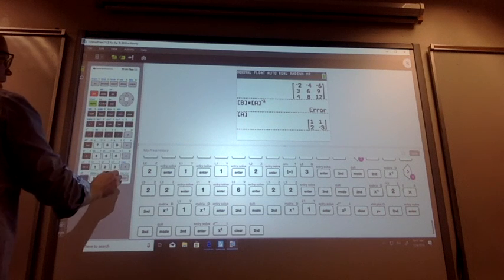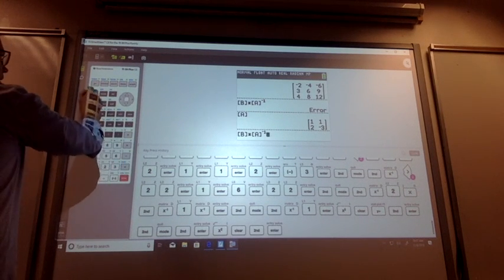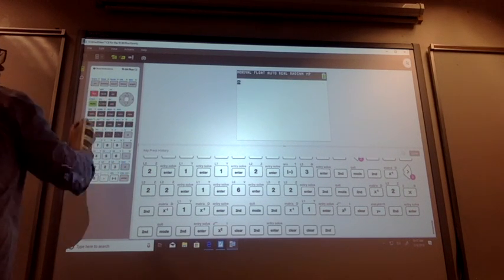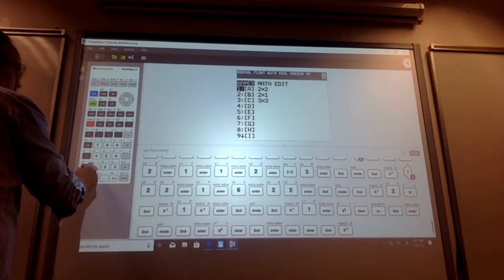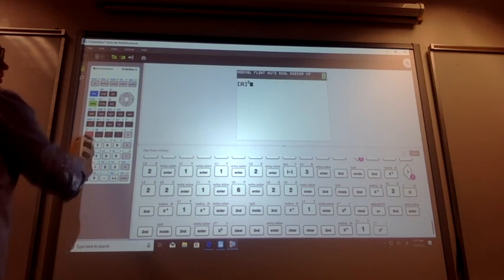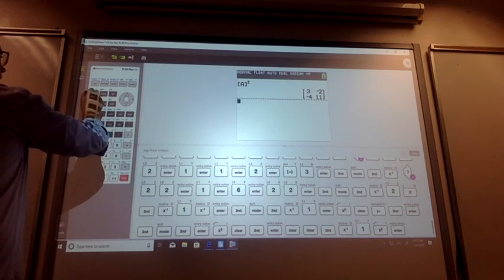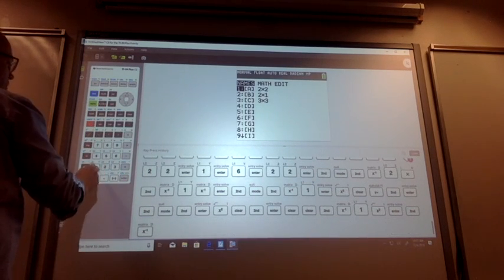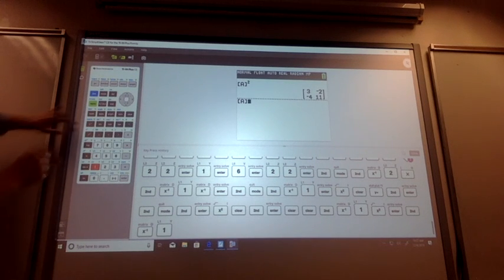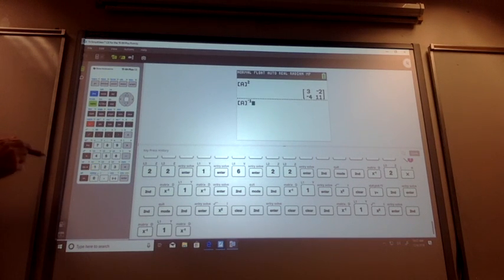Clear. Second. Enter. Clear. Second. Matrix. 1. X to the... my gosh. Oh, if I wanted to square it, there's squared. I don't want that squared. Second matrix, 1. Okay, I get this right.